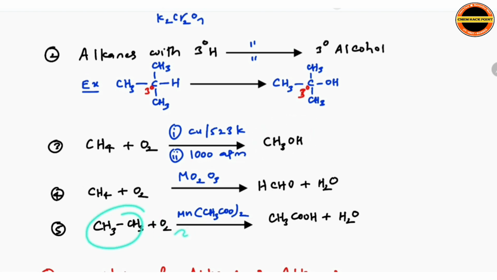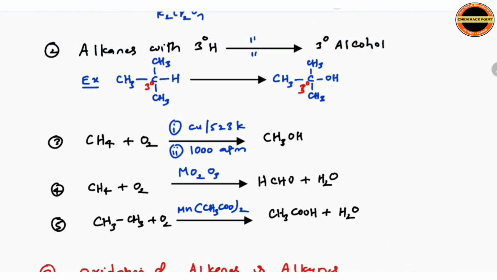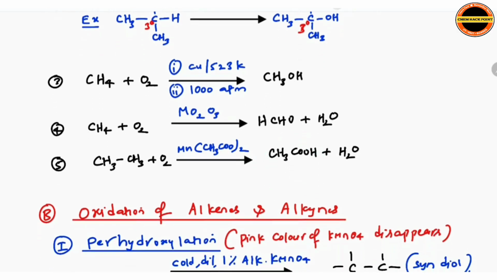When ethane is burned in presence of oxygen with manganese acetate as oxidizing agent, it forms carboxylic acid, acetic acid. Very important reactions: copper, 523 Kelvin, 1000 atmosphere pressure, CH4 and O2 giving methanol, methyl alcohol, whereas molybdenum oxide giving formaldehyde, whereas manganese acetate giving acetic acid.